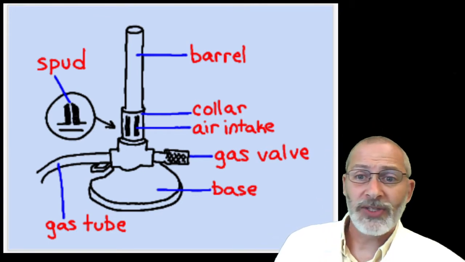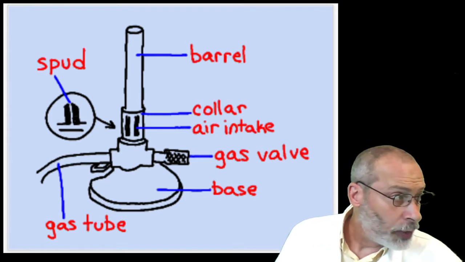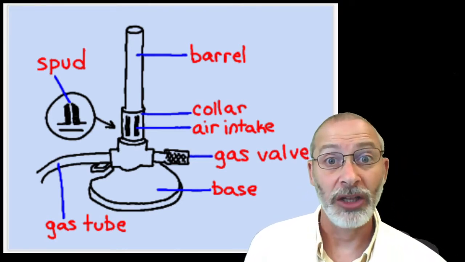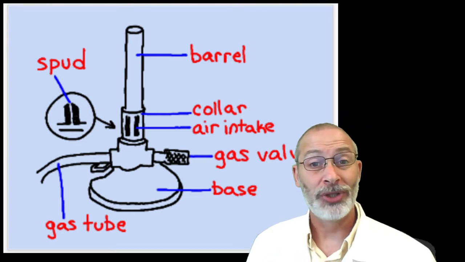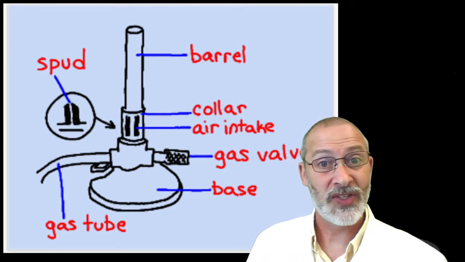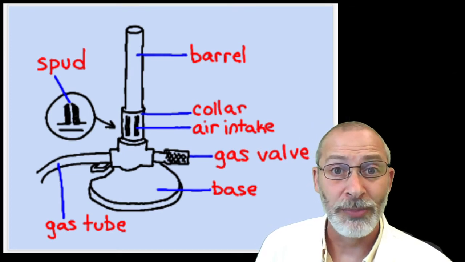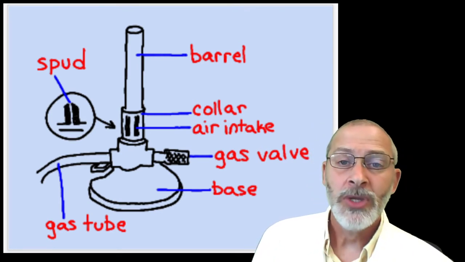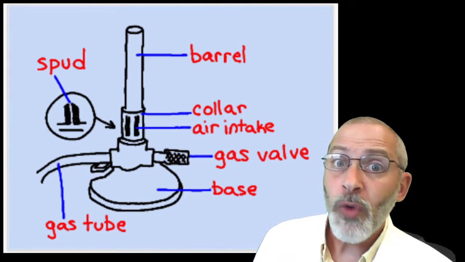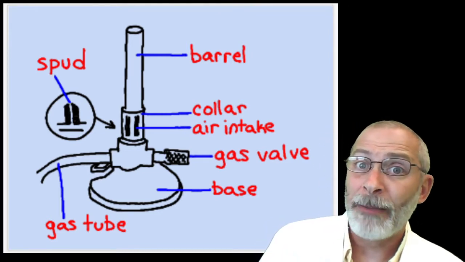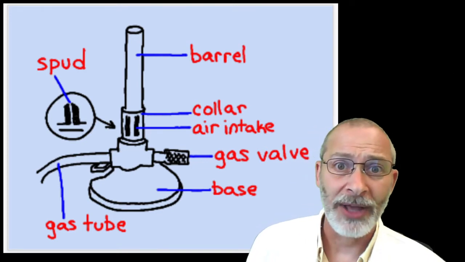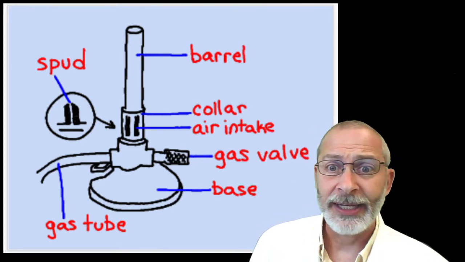Because if I ask you to adjust your gas valve or close the collar, and you don't know what I'm talking about because you haven't studied and memorized the parts of the Bunsen burner, well, bad things can happen in the lab. So one way we can avoid those bad things from happening in the lab is to spend this week learning about the Bunsen burners and the different parts.